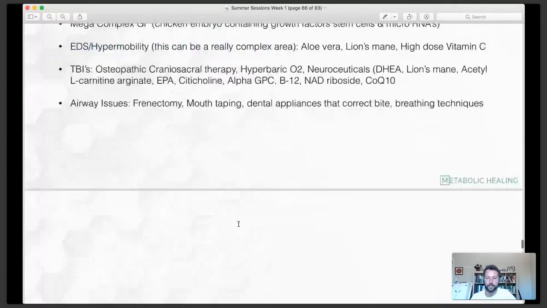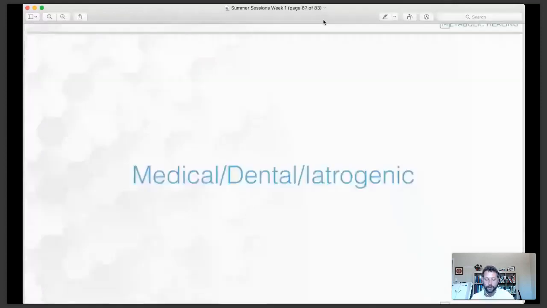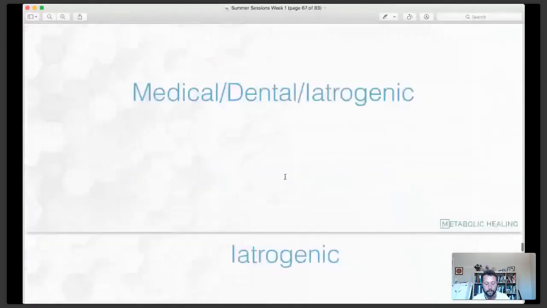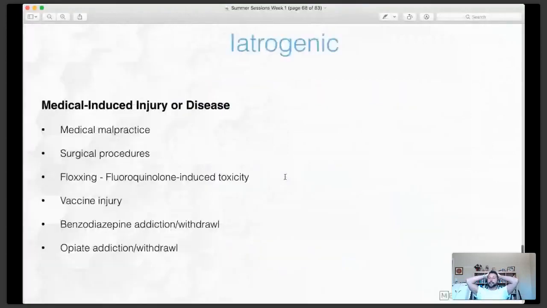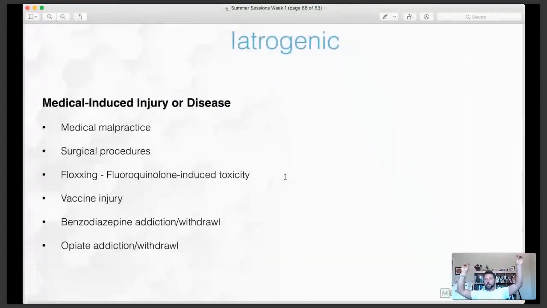Okay, so we're going to definitely keep going here. So medical, dental, iatrogenic. Okay. So when you're doing your intake, talking to your client or have your client write it out in a story, because for this, I wouldn't have them fill anything out like a checkbox intake, because there's so many things that could come up.